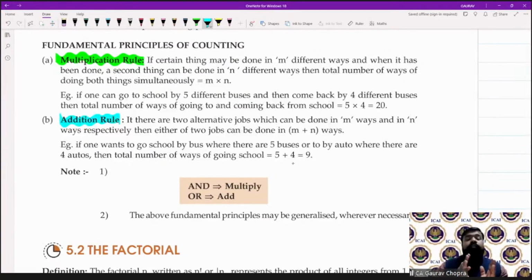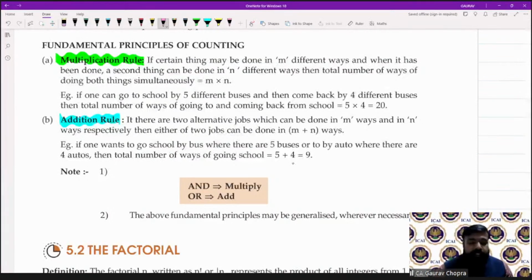When both the events occur together. Like going from Jodhpur to Mumbai is the first event, and Mumbai to Goa is the second event, and we have to perform both the events. Then we have to multiply. तो जब भी हमारे पास दो इवेंट्स हैं और दोनों इवेंट occur होने चाहिए, then we use the multiplication rule. That is why we have to multiply.